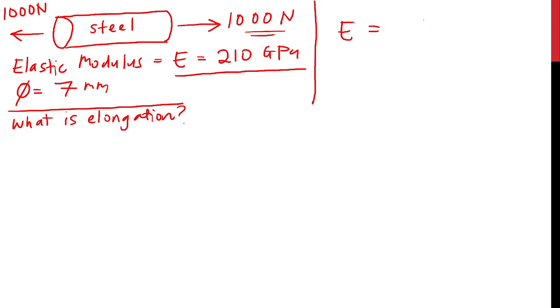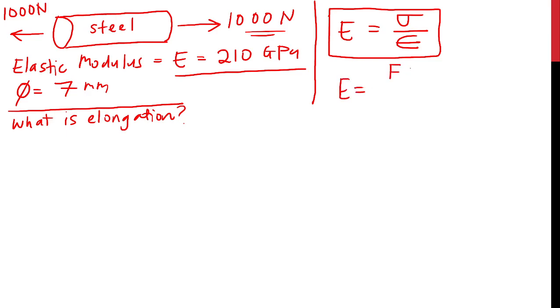Something like that. It is stress over strain, right? When you use the tensile test machine, you find the stress and the strain, and you get the elastic modulus. So, do you still remember what stress is? E equals stress. Stress is force over area.